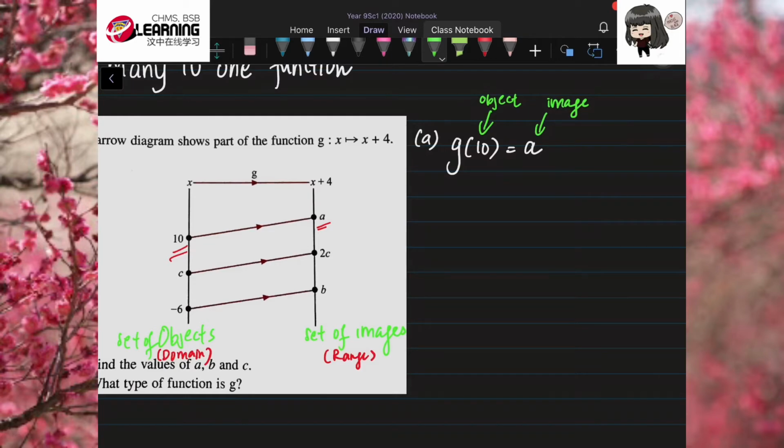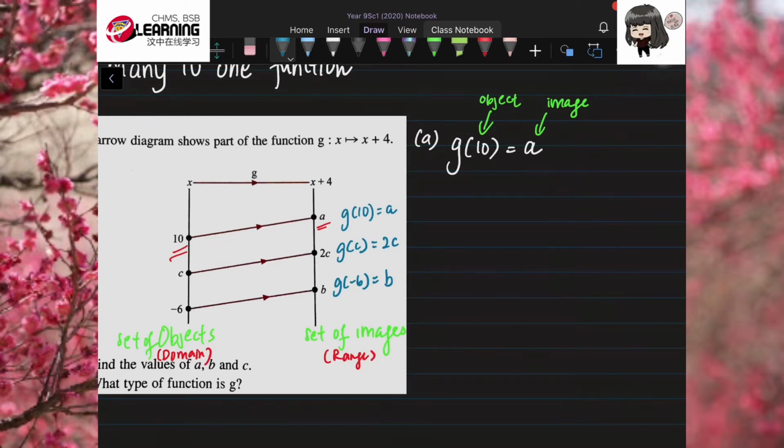So g of 10 is a. How about the second one? g of c is 2c. And g of negative 6 is b.